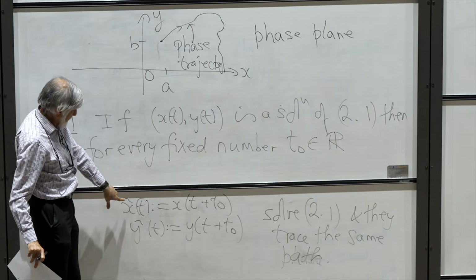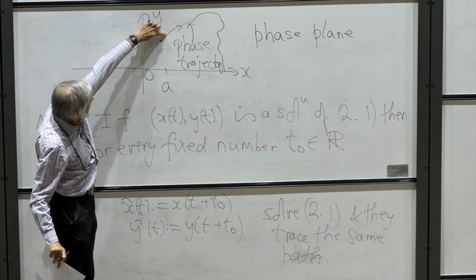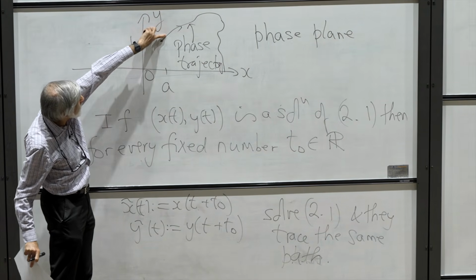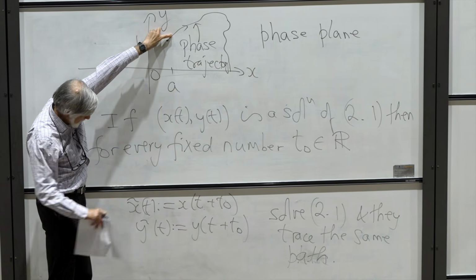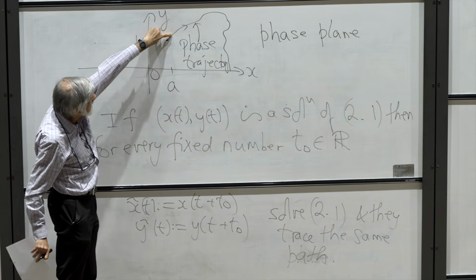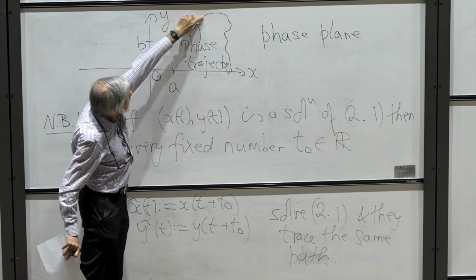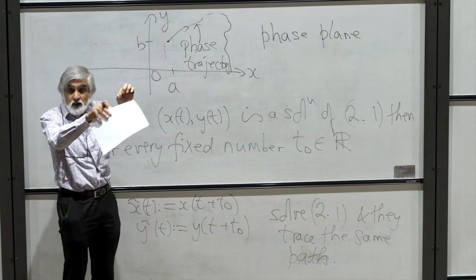Then if we defined this new xy thing to be x of 1, y of 1, which would be here, and then we ask the question, how does x hat, y hat change over time? The answer is, it goes like this. So it's basically the same solution, just shifted.